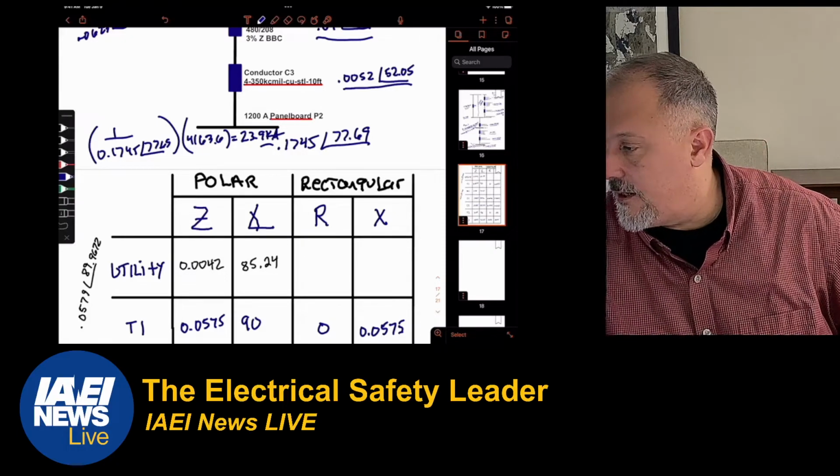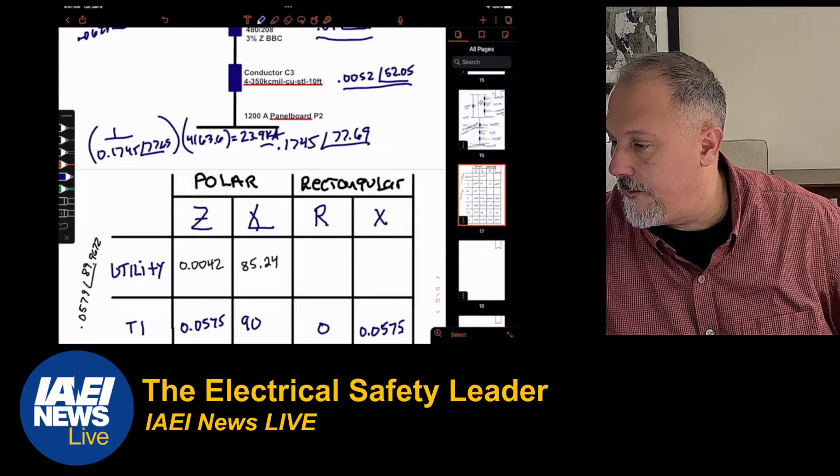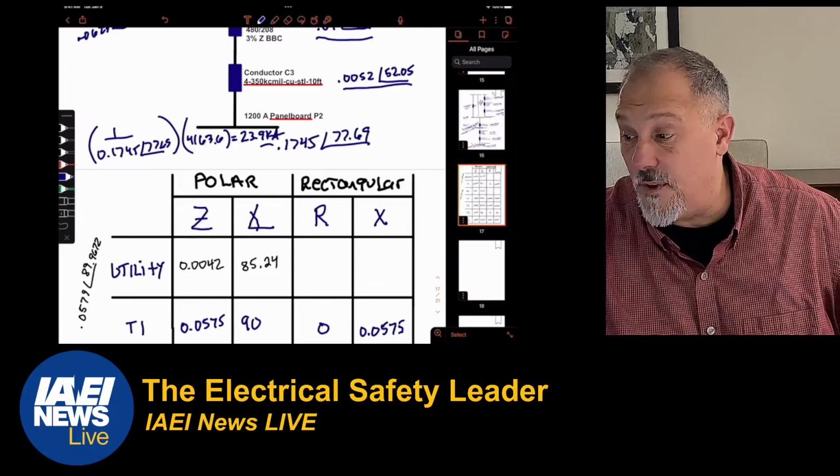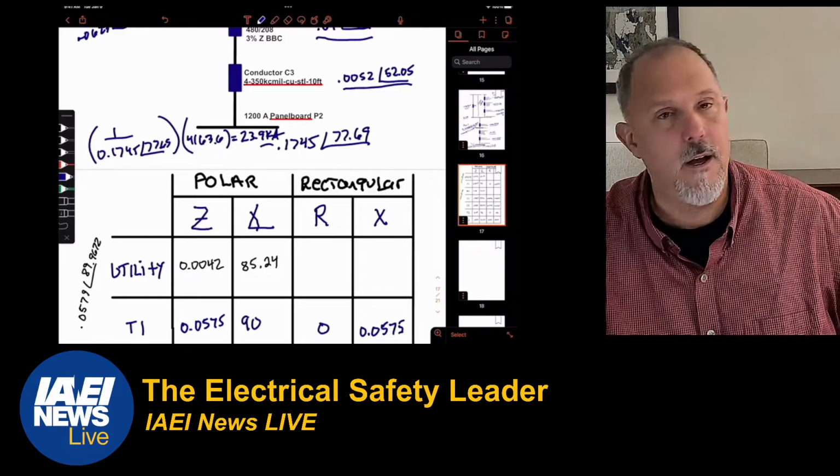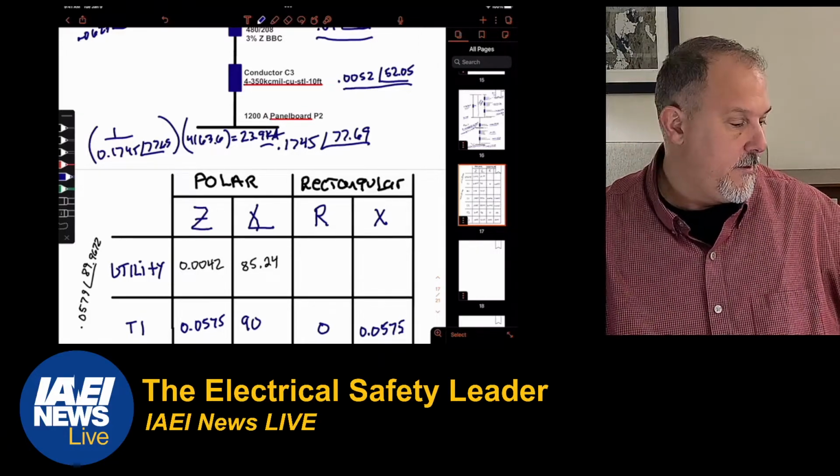And that's with the motor in. Oh, I love this stuff. All right.